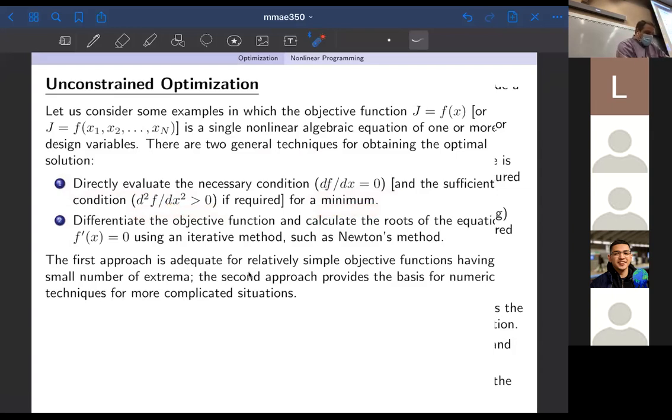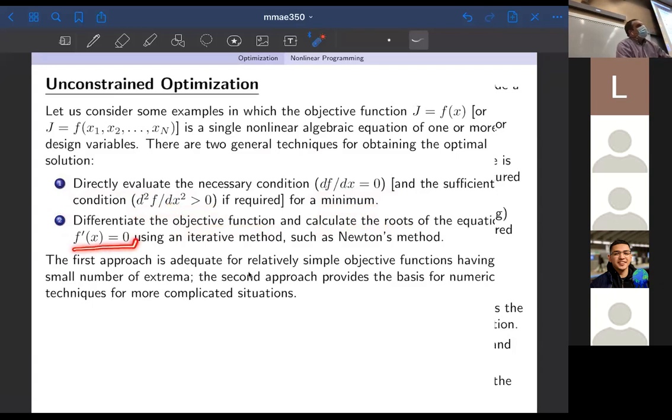The second approach, which is more general and can be applied to more complicated situations, is to differentiate the objective function and then calculate the roots of f prime of x equals 0, as I just said a moment ago.